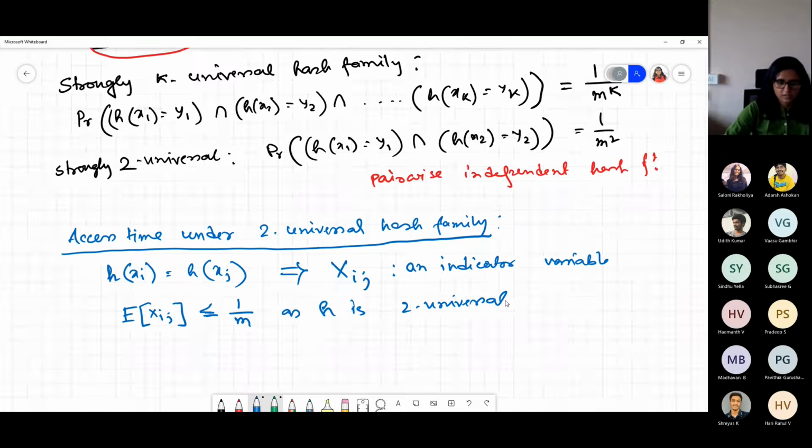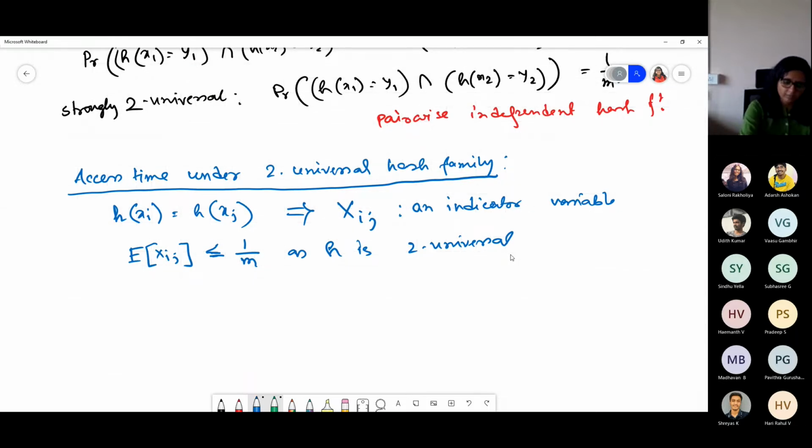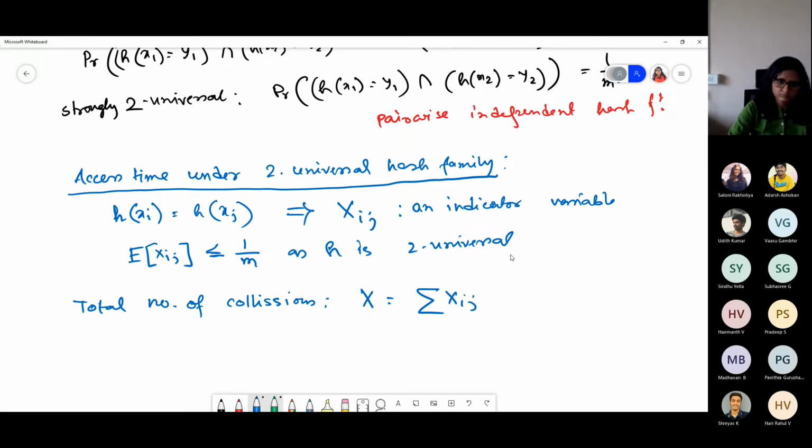Now the total number of collisions, that will be x equals sum over all possible xij. Now what do we do? This xij varies from 1 to n. Okay.